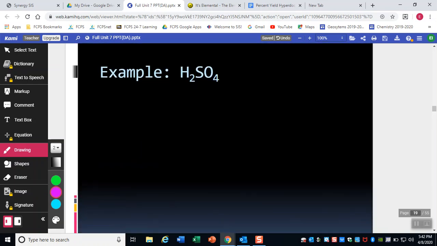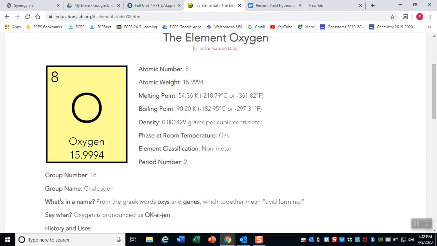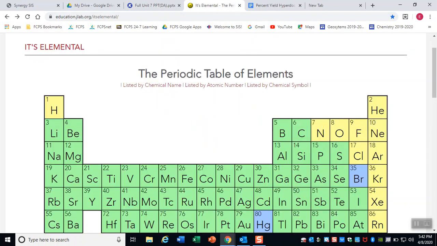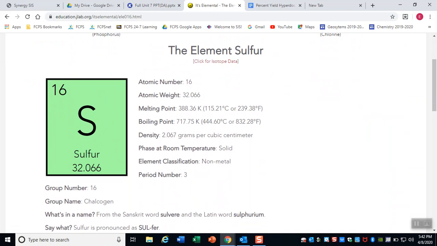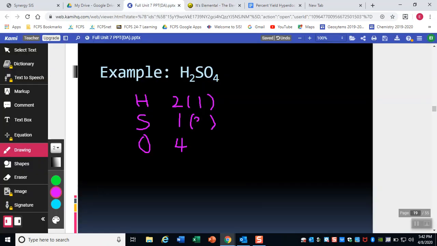Now I've got sulfuric acid here. I've got 3 elements, hydrogen, sulfur, and oxygen. I have 2 hydrogens, 1 sulfur, and 4 oxygens. Now what's the mass of each of those? Hydrogen is 1. Sulfur, I'm going to look on my periodic table. Here's sulfur. The mass number would be 32 if I round that.